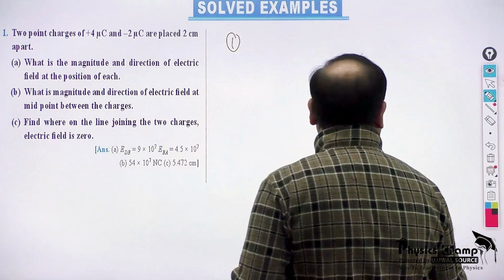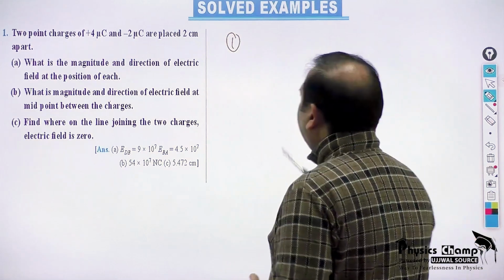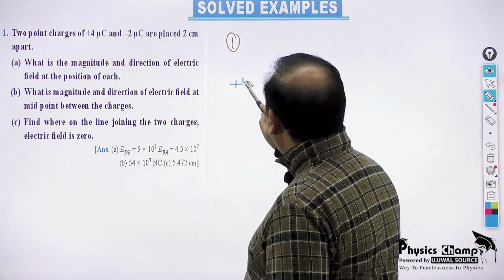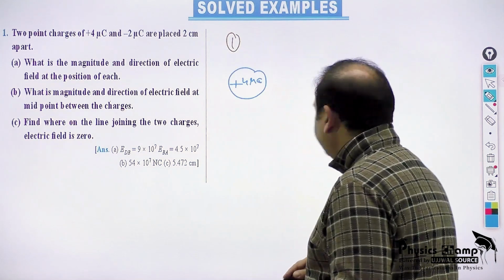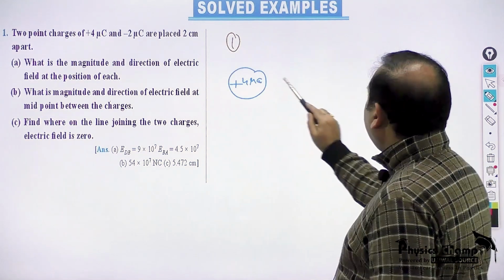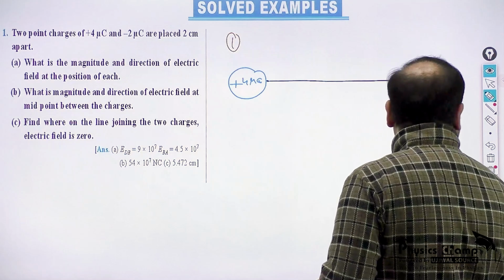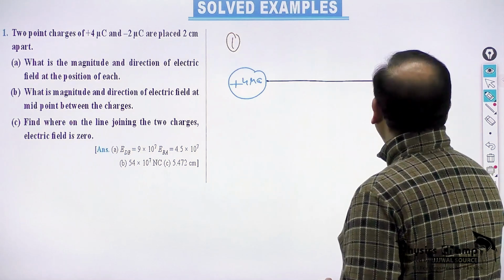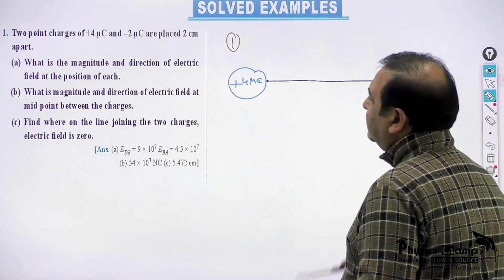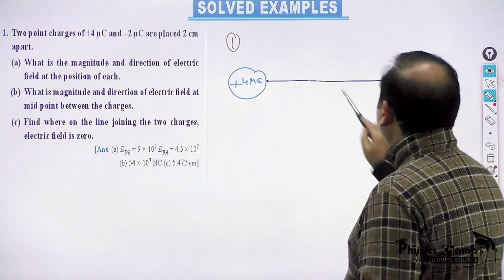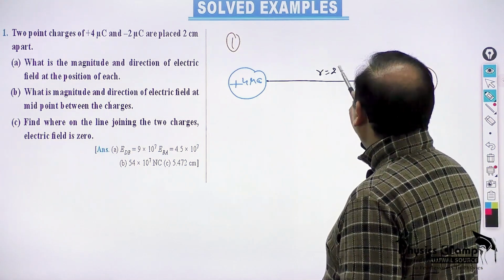So we have a charge, I would say the charge of 4 microcoulomb is represented in blue color, and then another one, a charge of minus 2 microcoulomb over here, and they are placed 2 centimeter apart.